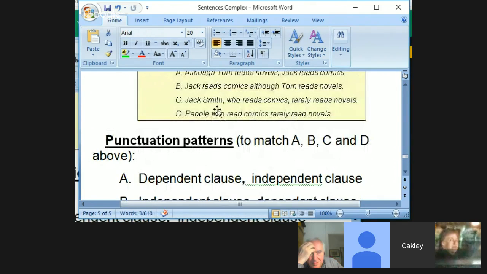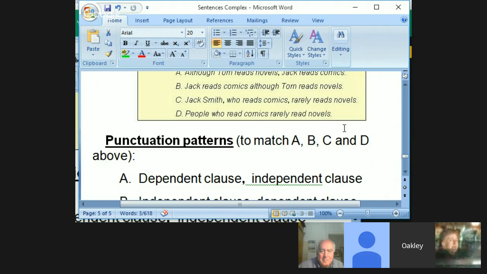That's people read novels. Okay, but the information people read novels is completely different when we add this information. Who read comics rarely? It's completely different, as opposed to Jack Smith rarely reads novels. Who reads comics is completely unessential because it doesn't change the meaning of the main phrase.